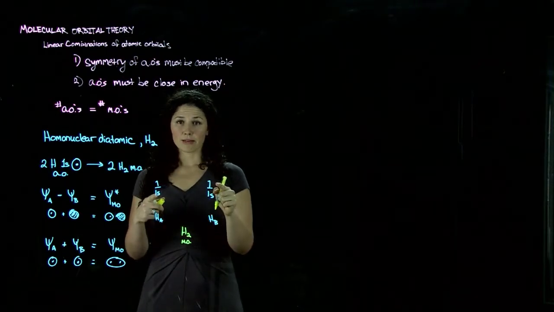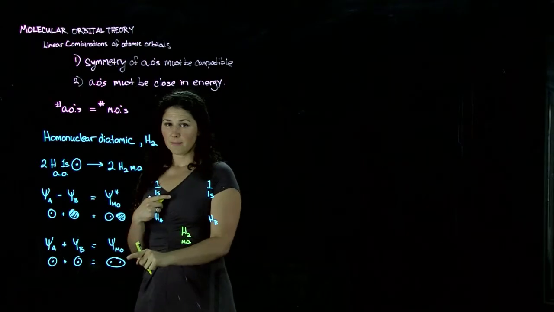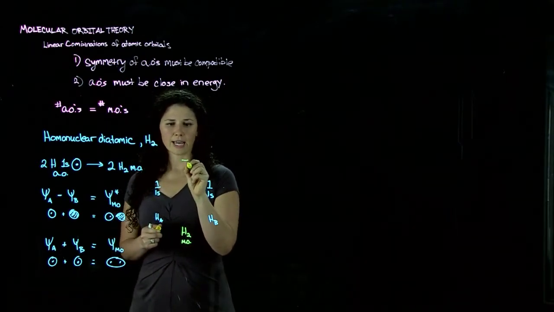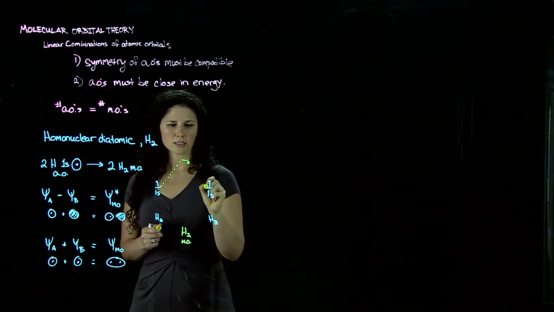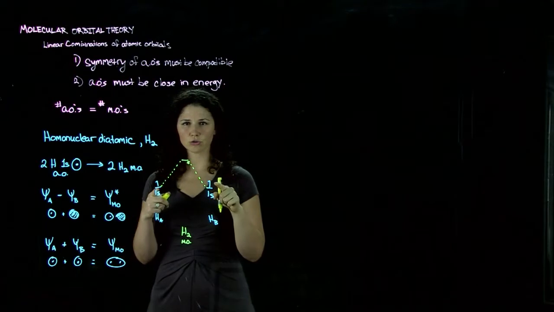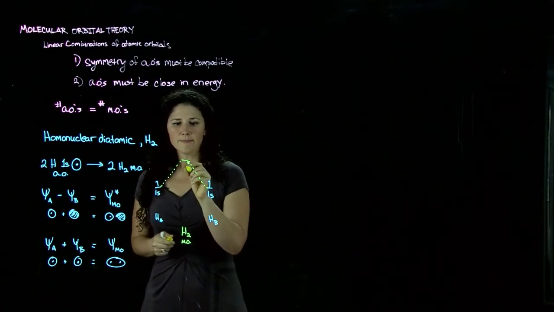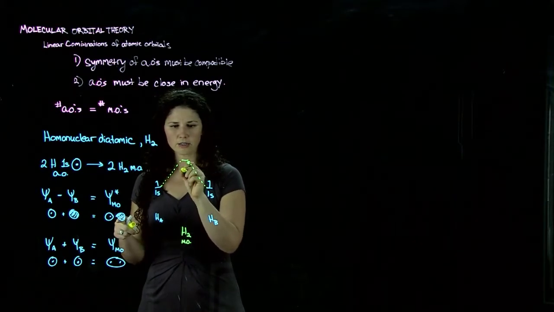And it would be of higher energy than if I added them and got the bonding orbital here. So I'm going to draw the antibonding orbital, and I'm going to draw dotted lines to show that my two different atomic orbitals are contributing to this. Now, the picture I drew of this antibonding orbital is here.